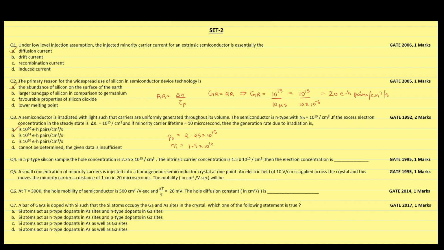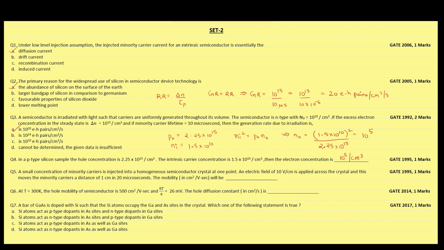Then the electron concentration is, from the mass action law, we know that the square of intrinsic carrier concentration is equal to hole concentration multiplied by free electron concentration, which will give the free electron concentration to be equal to square of intrinsic carrier concentration divided by hole concentration. After calculating the expression, you will find the value of free electron concentration to be equal to 10^5 per centimeter cube.